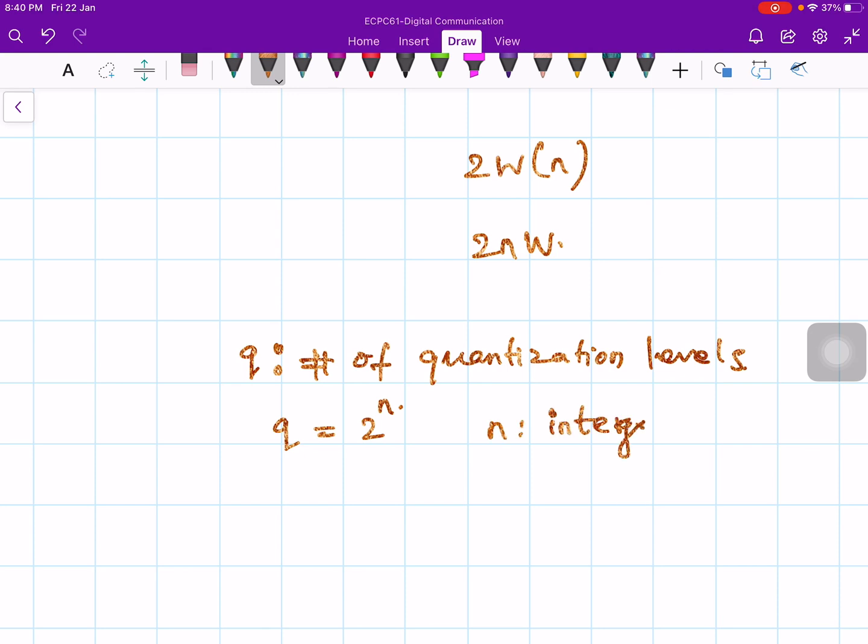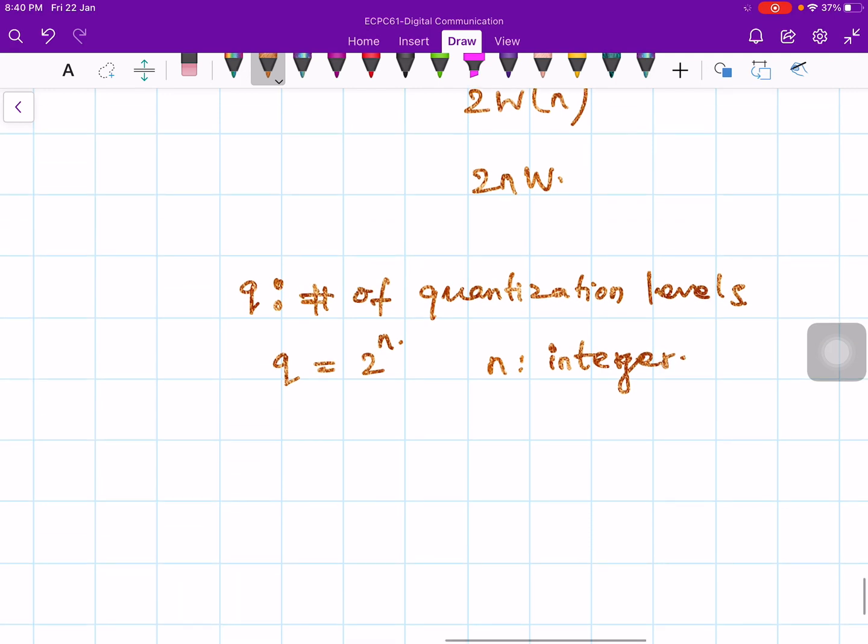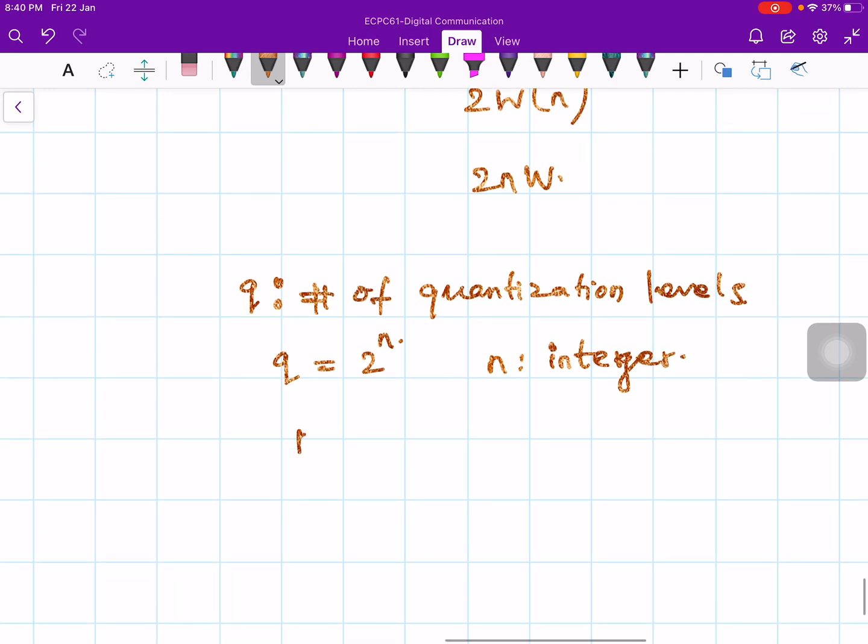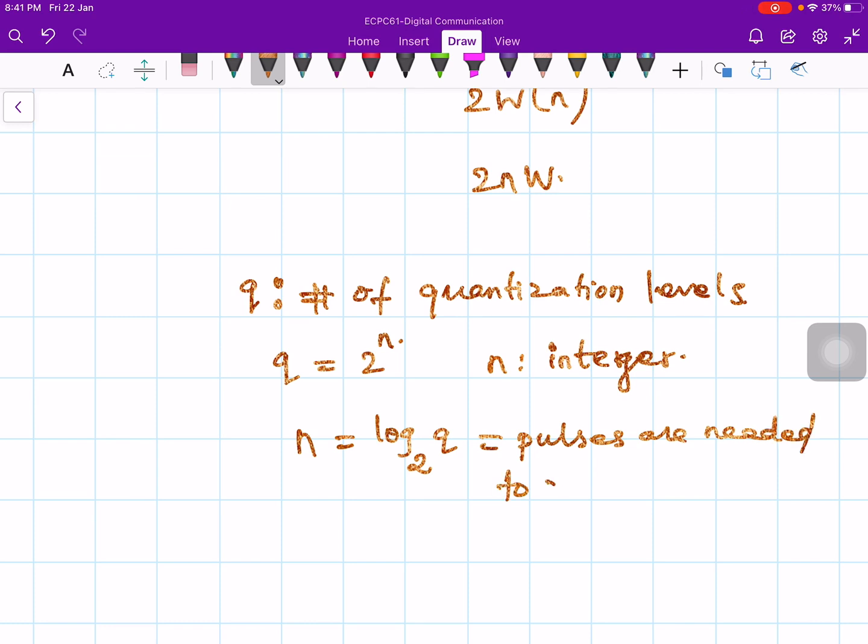It can't be something else. From this, n is going to be log to the base 2 of Q. This many pulses are needed to represent each sample.